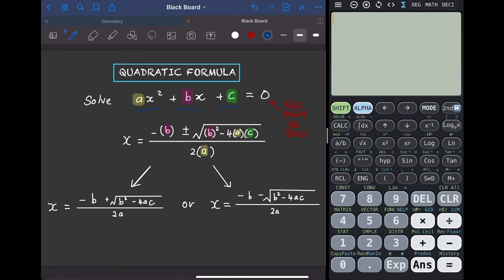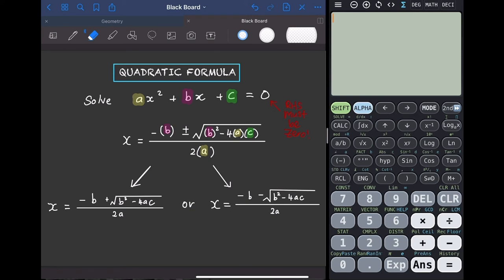In cases where they are not in that specific order, for example, let me scribble an example here. They could give you something that looks like this, or maybe this. Then we will need to rearrange them such that the x squared term comes first, followed by the x term, and then finally the constant term.